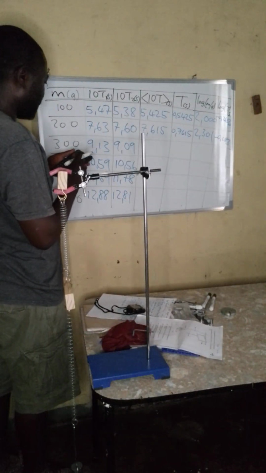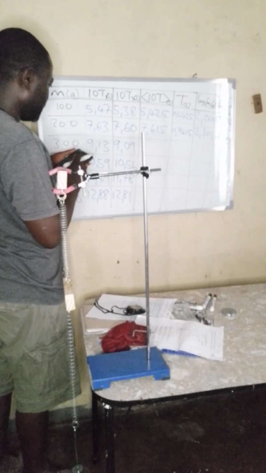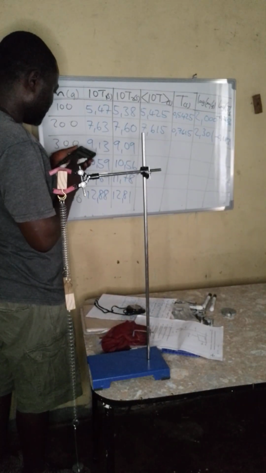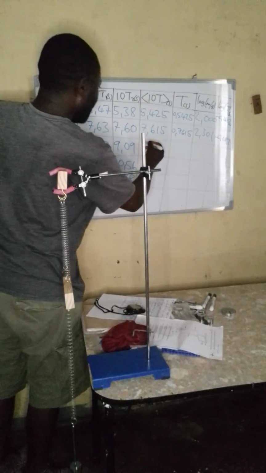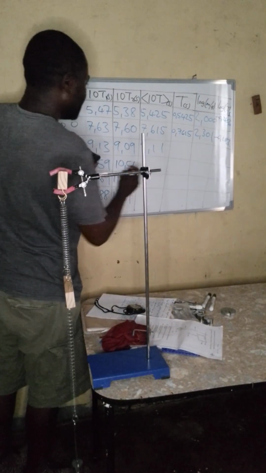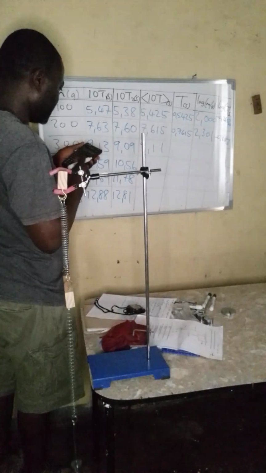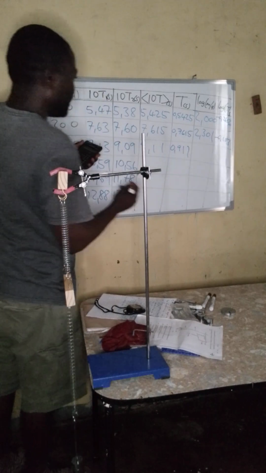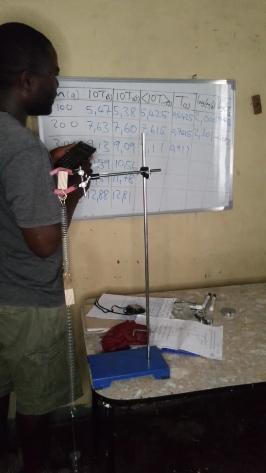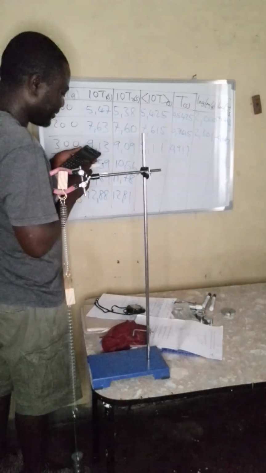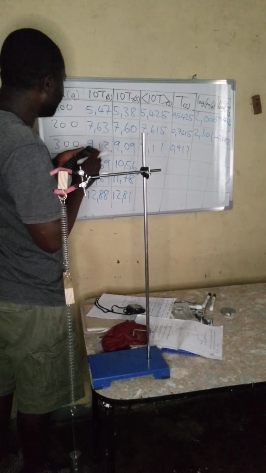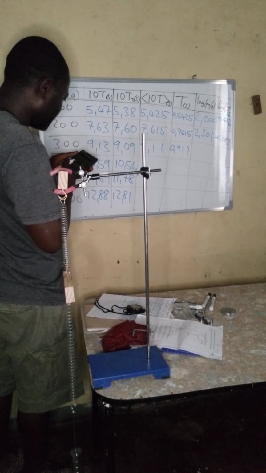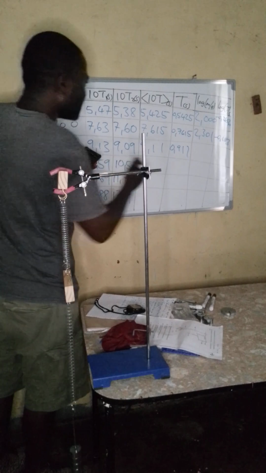Then 9.13 plus 9.09 divided by 2, 9.11 is the average. Then divided by 10, 0.911. Then logarithm of 300, 2.477.